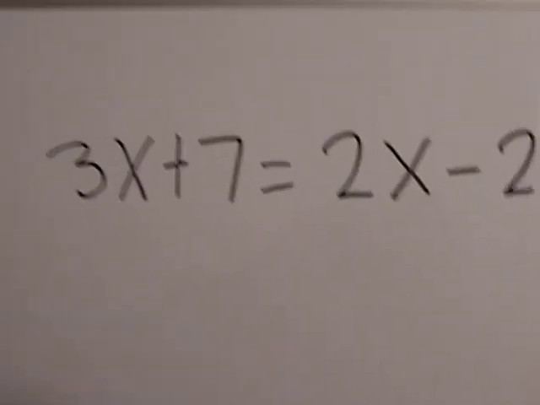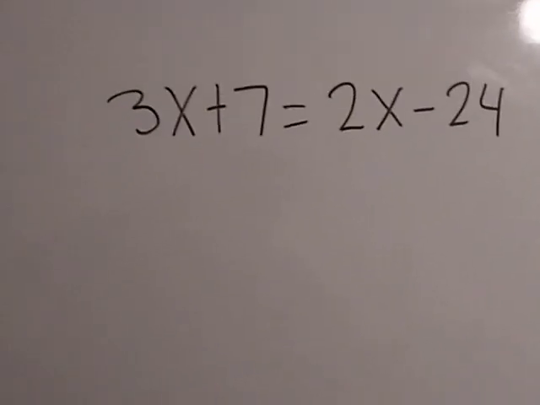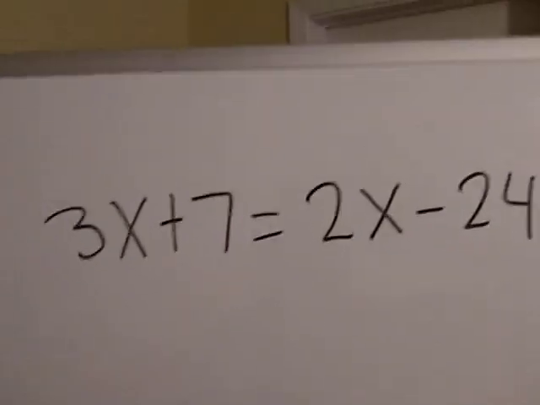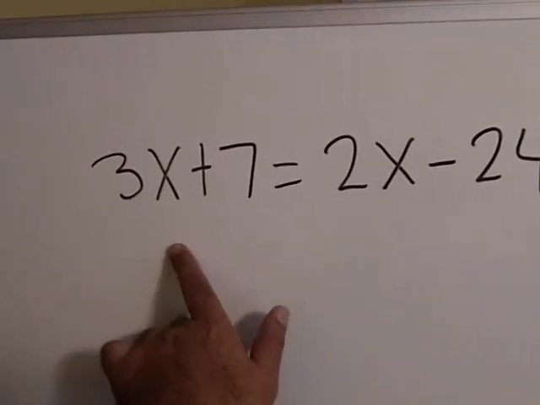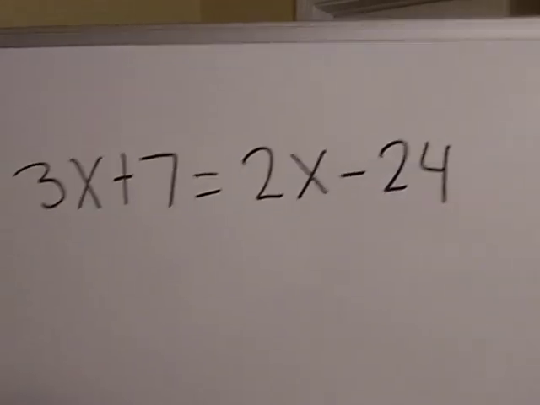Okay, sorry, here we go. So in this case, guys, as you can see, we have variables on the left side of the equal sign as well as on the right hand side of the equal sign.